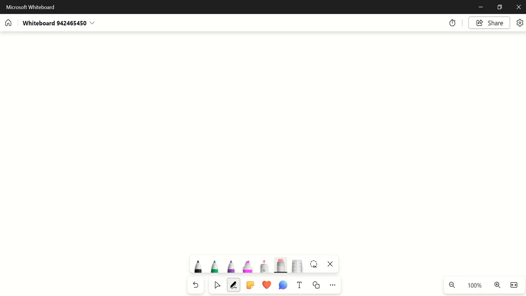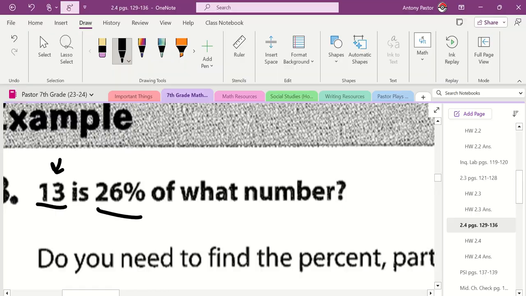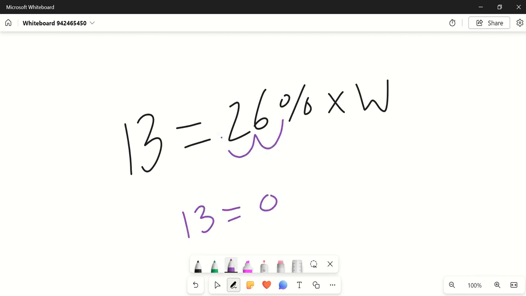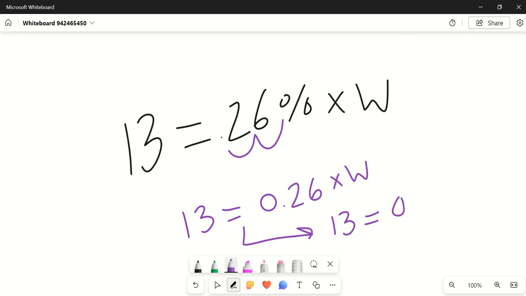So we have our part of 13. 13 will equal our percentage, which is 26%, times the whole. Again, percentage needs to be turned into a decimal, so this will be 13 equals 0.26 times W, which will become 13 equals 0.26W.